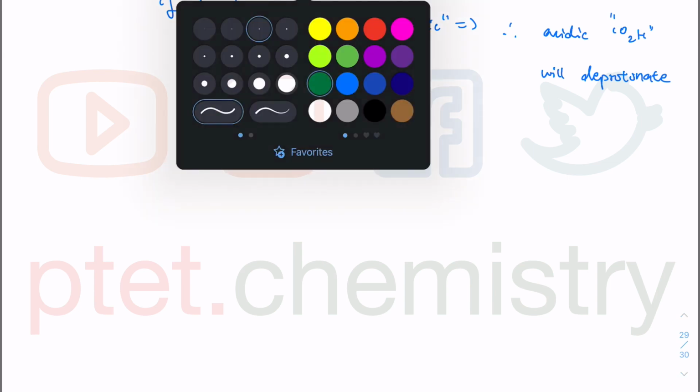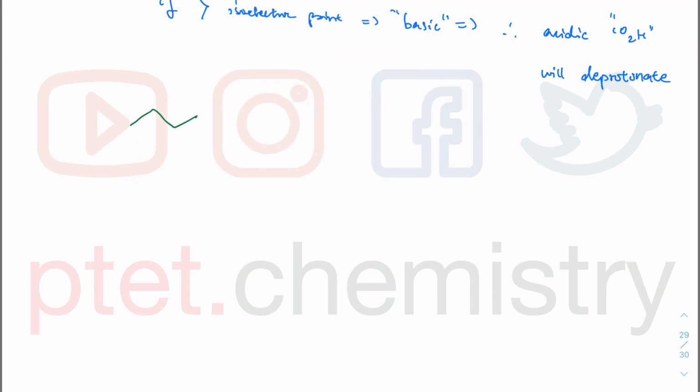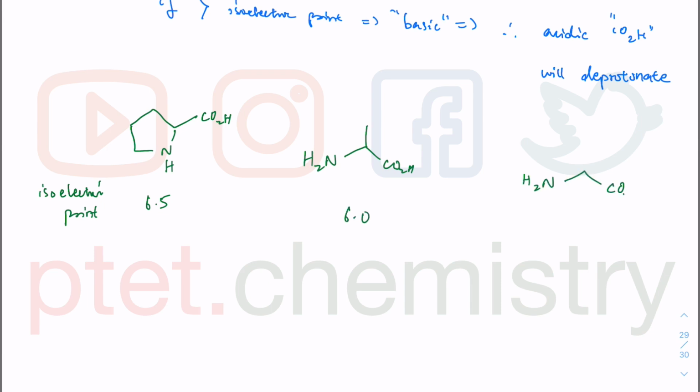So if I just draw the three things first, like this. This isoelectric point is 6.5, and then I have NH2, CO2H, and there's 6.0, and last but not least, this glutamic acid is 3.1 as the isoelectric point.